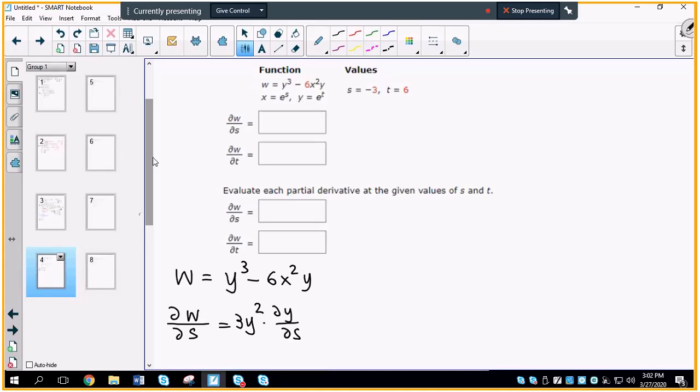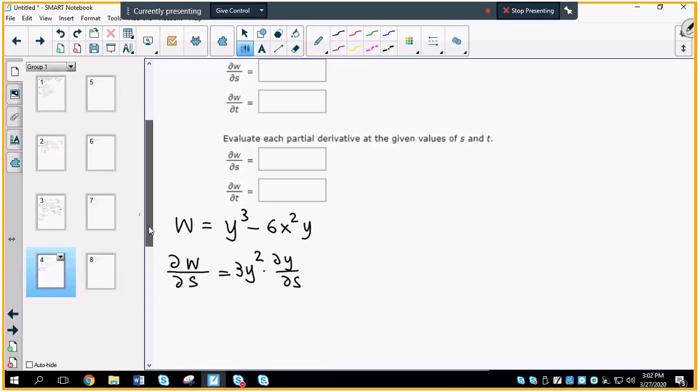Then I look at my other term, which is minus 6x squared y, and I do the same thing. I say minus 6 is the constant. I first take the derivative of x squared, so I get 2 times x times del x del s.